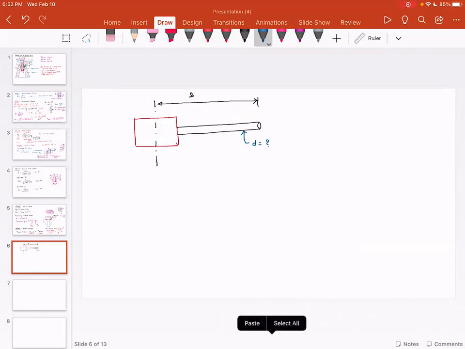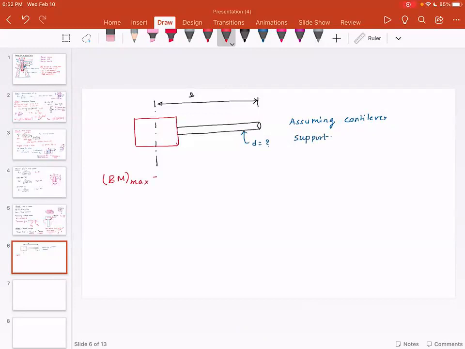I will assume a cantilever support. The maximum bending moment is force multiplied by length, which is nothing but the amount of total torque that needs to be applied.